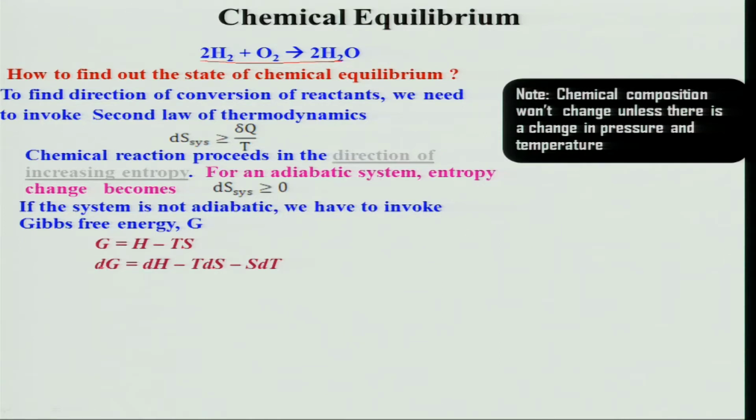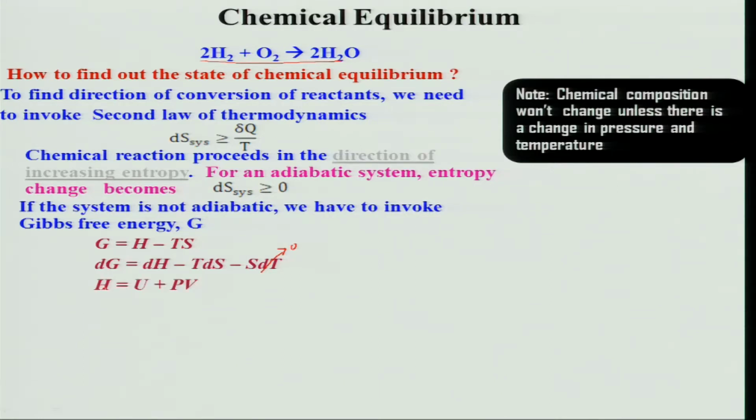If I differentiate, I will get dG is equal to dH minus T dS minus S dT. And we know the temperature needs to remain constant, so I can make this 0 whenever we are talking about equilibrium.